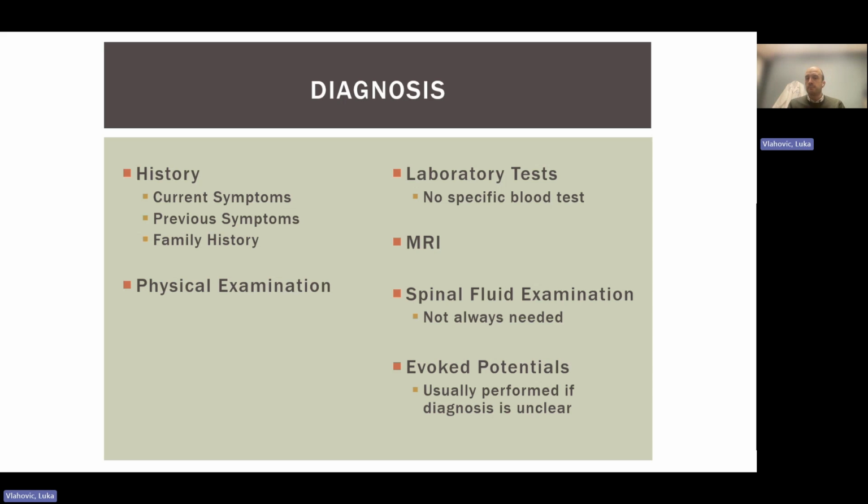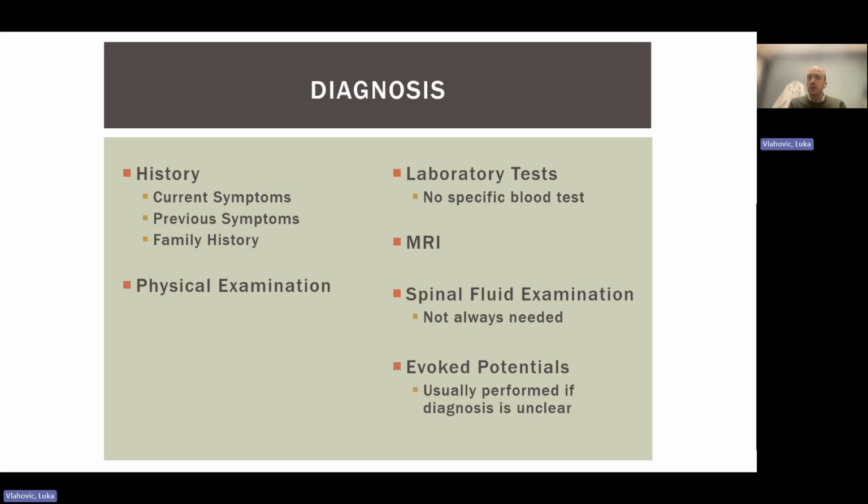Laboratory tests use mainly blood tests to rule out some MS mimics, other diseases and entities that can present similarly, that are maybe more systemic, but that can affect the central nervous system as a part of systemic presentation.